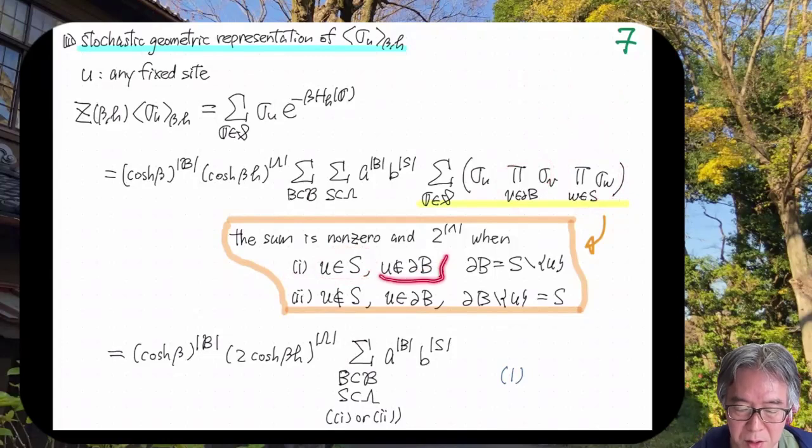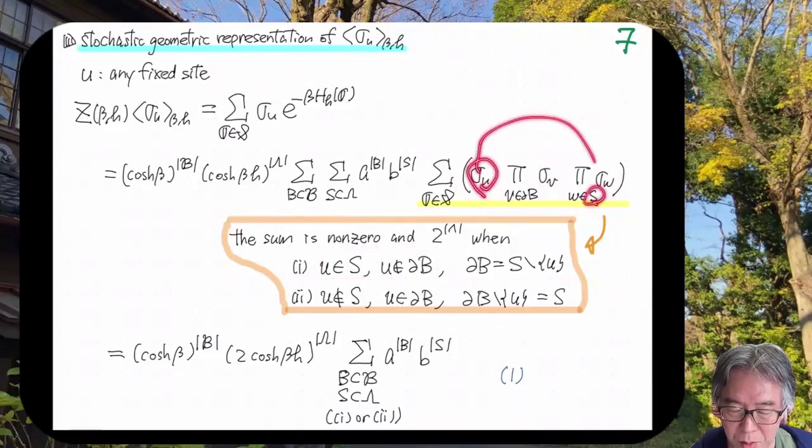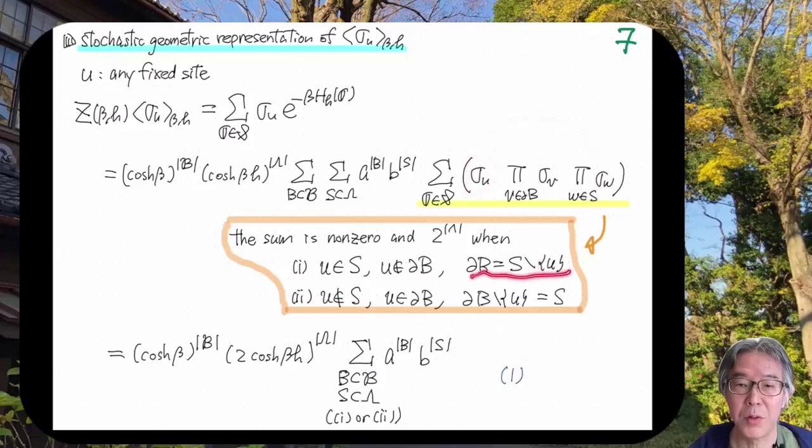So in the first case, u belongs to S, and u should not belong to dB. This condition takes care of this. And of course we want the whole thing to be 1, so we need an extra condition: dB must be equal to S, but one element of S is already used to kill this sigma u. So this is the set obtained by taking away u from S, and dB should be equal to this.